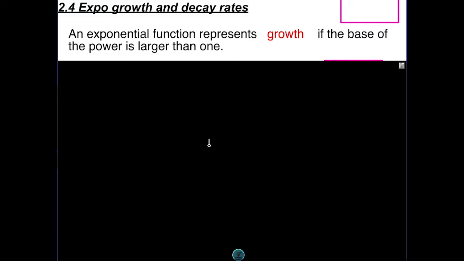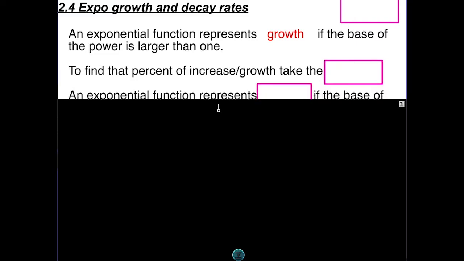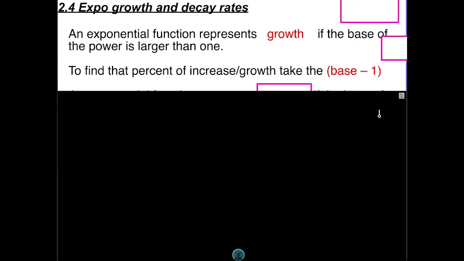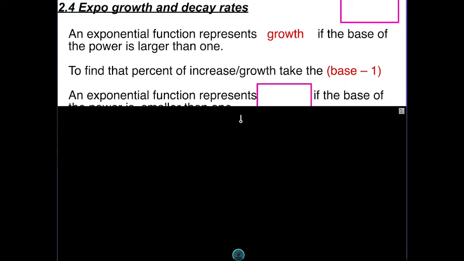That's something we talked about a little bit earlier. The other thing is if we have a growth situation and we see a base, we can go backwards and find what percentage of growth that is. So this is looking at an equation or a formula. If we want to know what percentage that is, we take the base and we subtract 1 from it. That'll tell us that percent of growth.